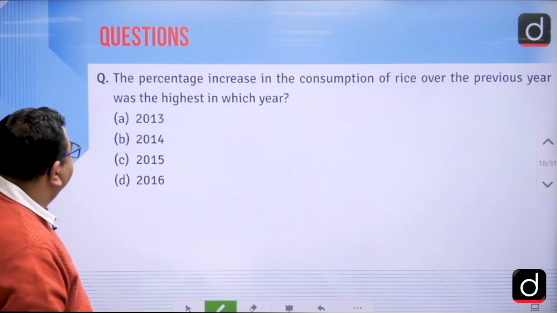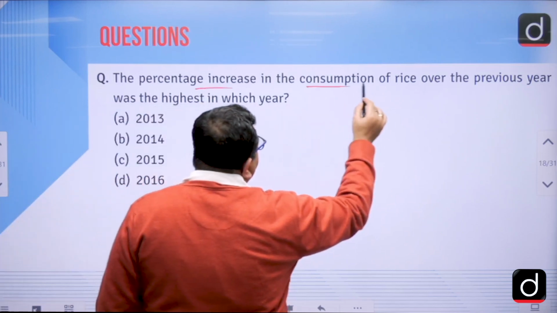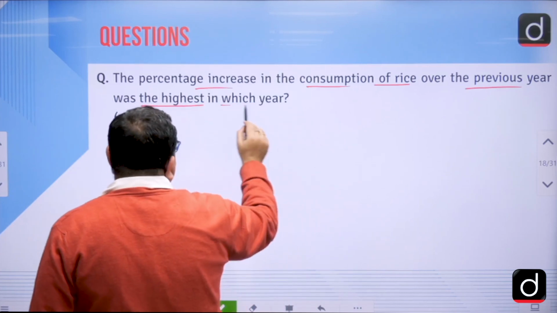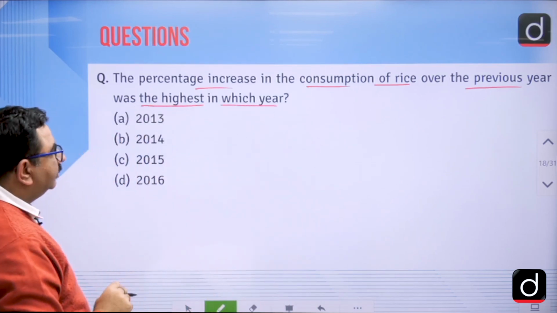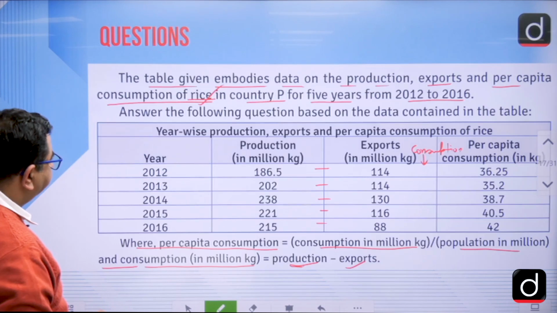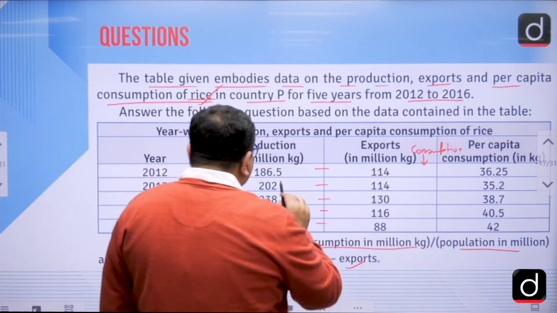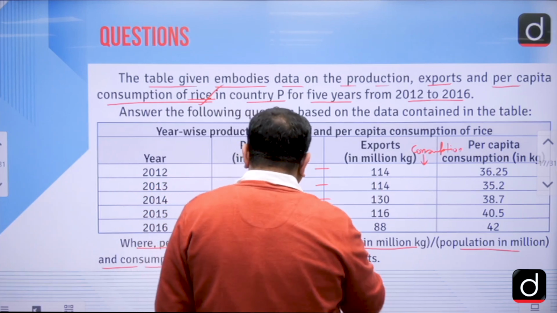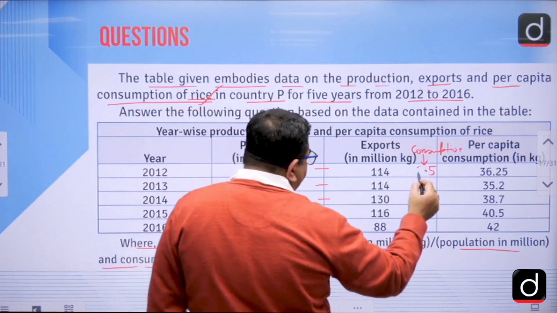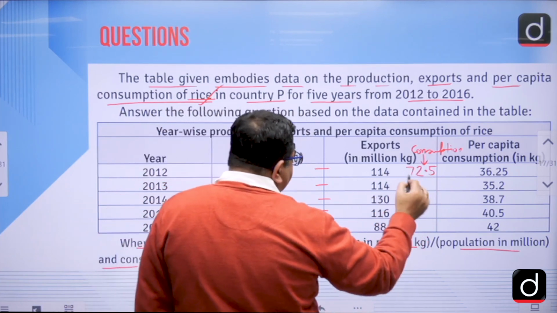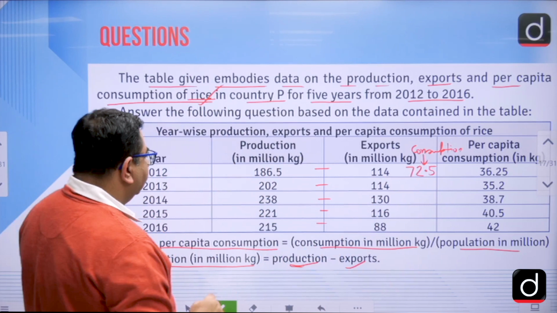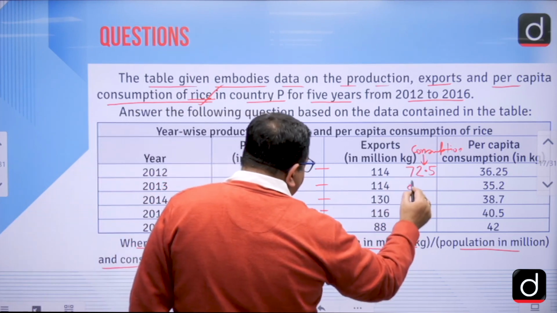The first question is: the percentage increase in the consumption of rice over the previous year was the highest in which year? So in the very first question he is talking about consumption. Let's write the consumption in every year. Now 186.5 minus this is 72.5, then 6 minus 4 is 2, then 18 minus 11 is 7, then 202 minus 114, that is 86 plus 2, 88.